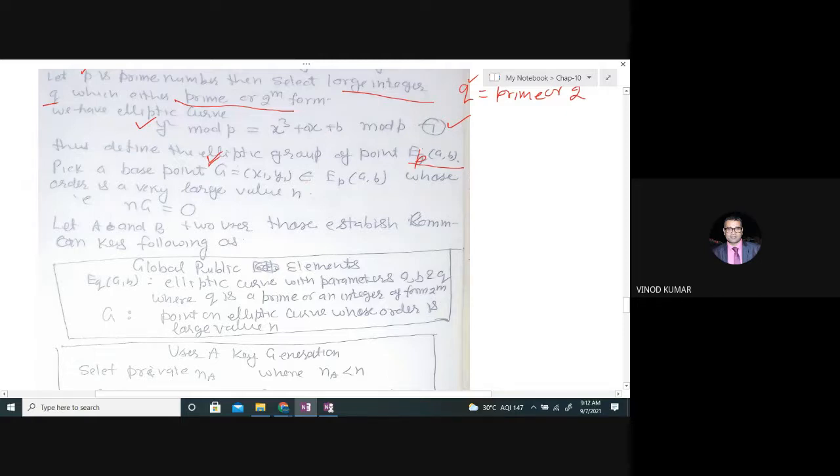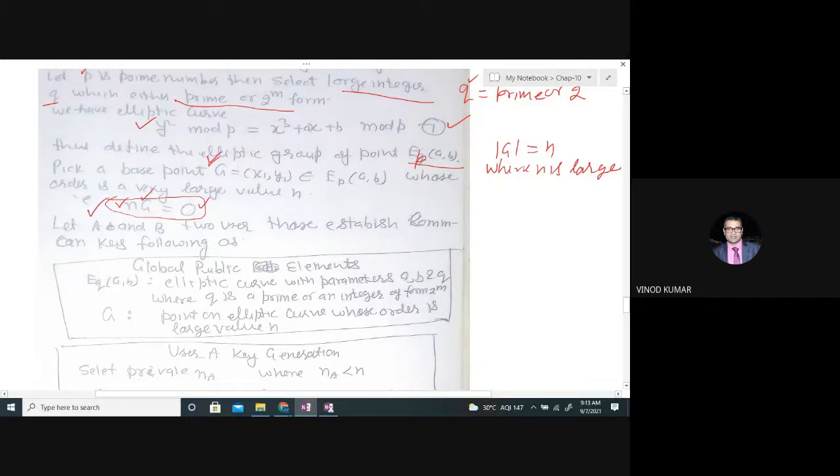Then this property holds: n into G equals 0, where n is the order of G. This means the order of G equals n, where n is large, and this 0 is the asymptotic point, or point at infinity, on the elliptic curve. G is the base point, and 0 is the asymptotic point.